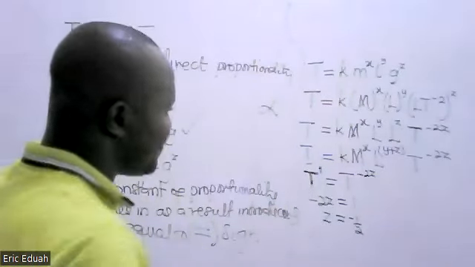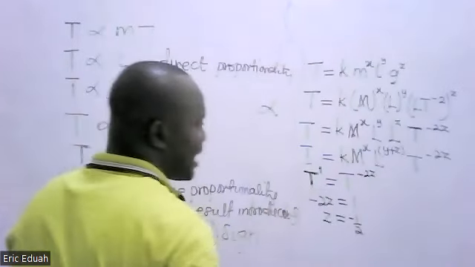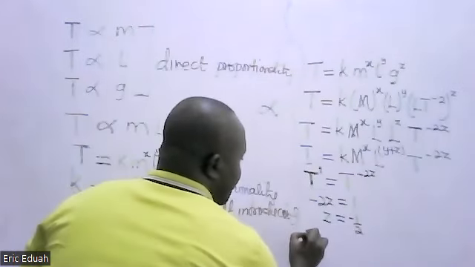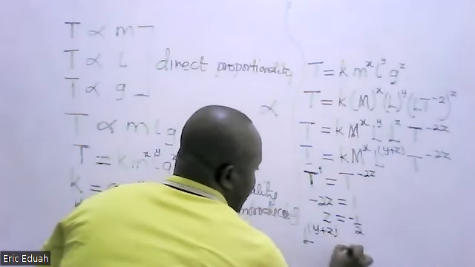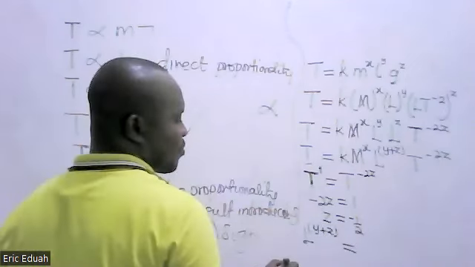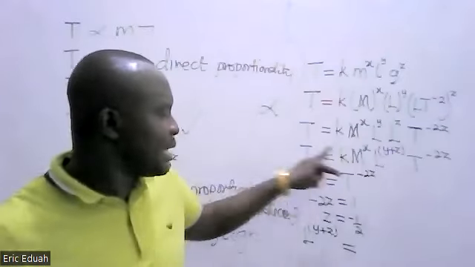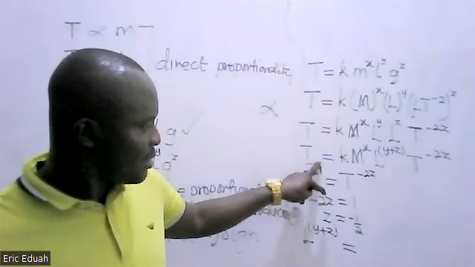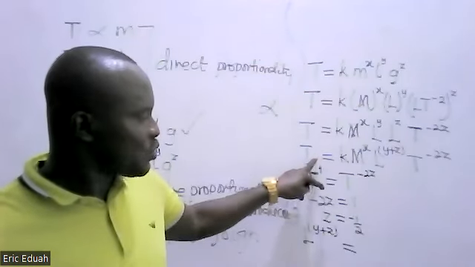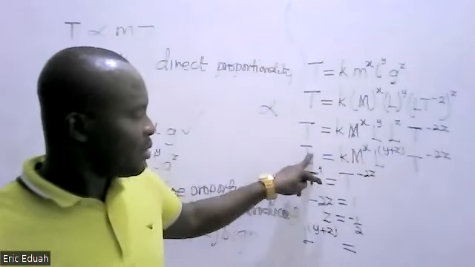We compare the other dimensions too. We've done that for T. We do that for L. We have L to the power y plus z equal to what will be its counterpart at the other end? Zero.